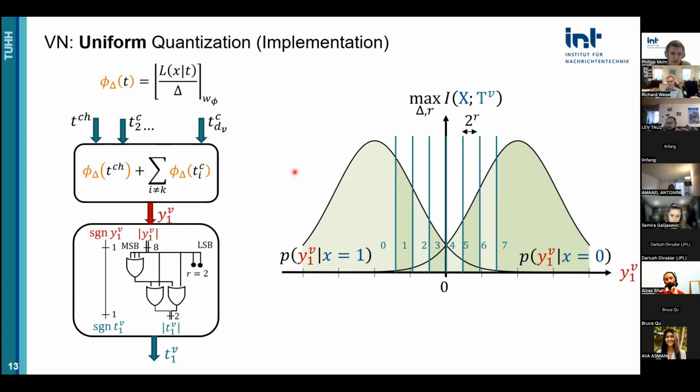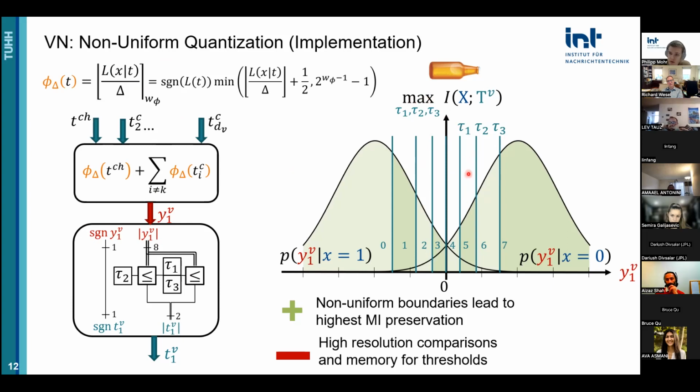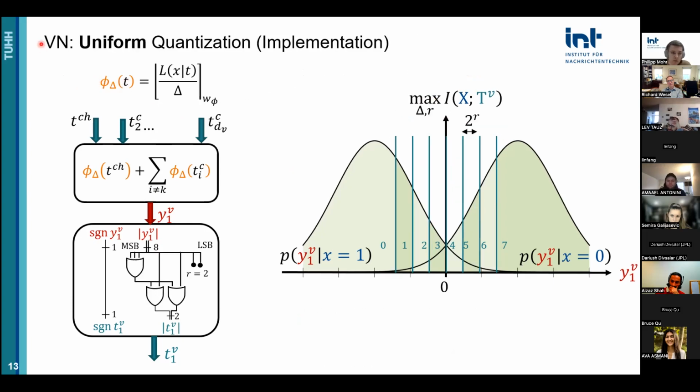If we look at the pattern of those boundaries, we saw that this is close to being uniform. So we said, okay, let's restrict to uniform mapping and see how the result will look. And it's very similar. Now the question is, can we gain something in practice if we do this restriction? And the answer is yes, we can gain a lot if we look at the quantization of this high resolution message.